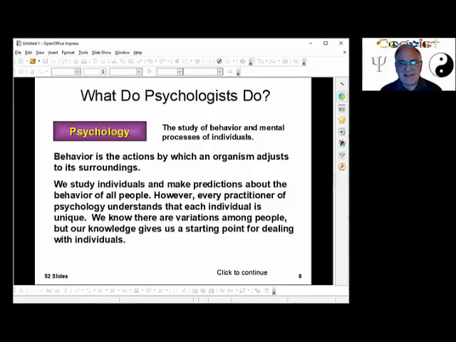We don't actually study an individual. We study individuals. We study millions of individuals, and we know how people react in specific ways, and we know what the normal way people react is, and we know that there are different ways that people react, and we'll call that the normal distribution curve, and we'll talk about the normal distribution curve in the science section.